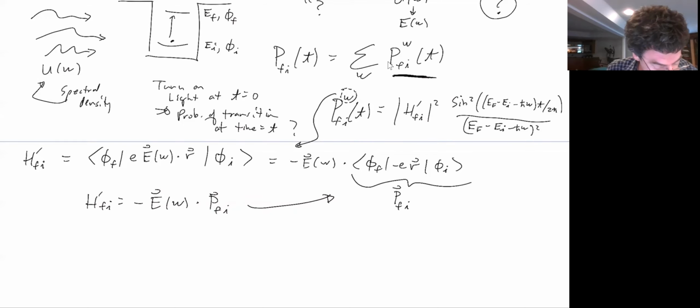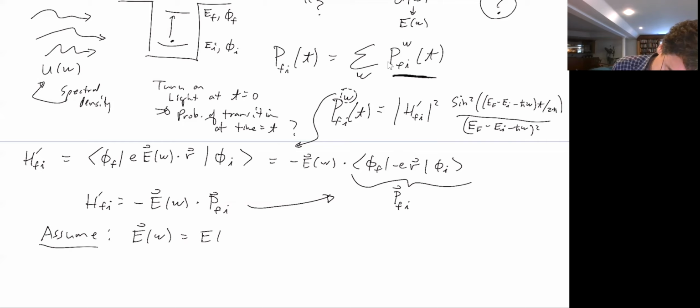Okay, and so if I have, let's assume that my light is polarized. I have a polarizer. Let's assume that E of omega is equal to E of omega z hat.